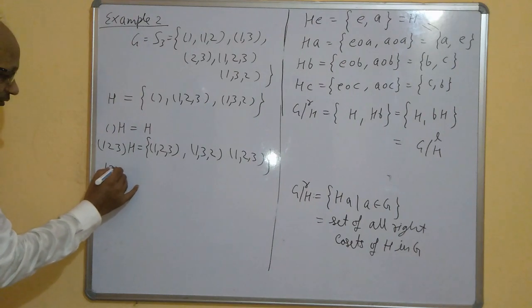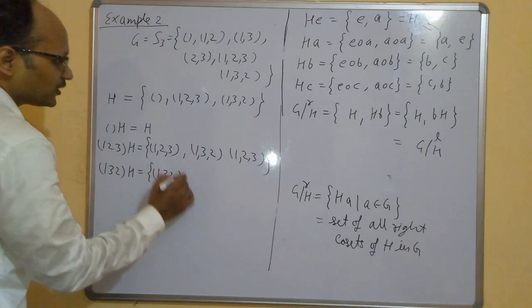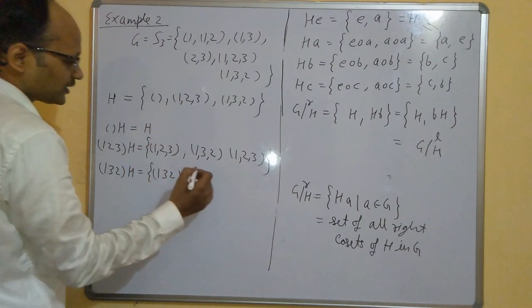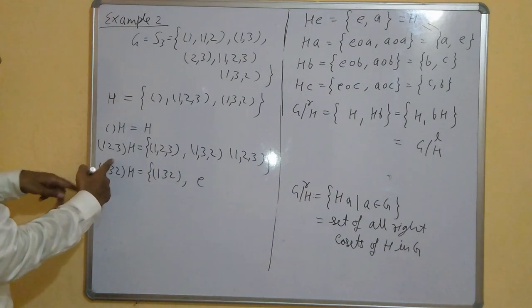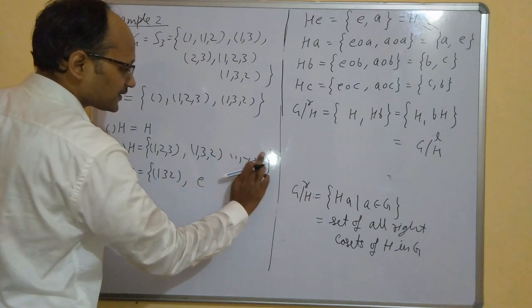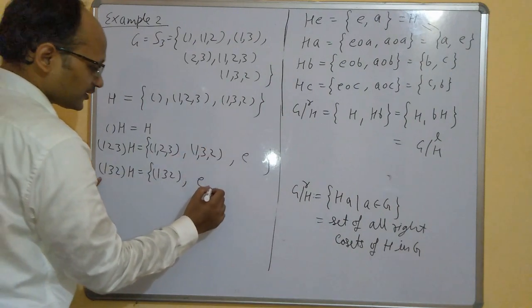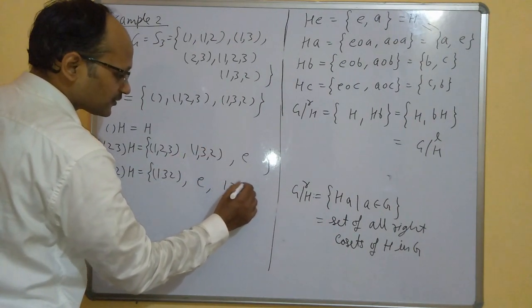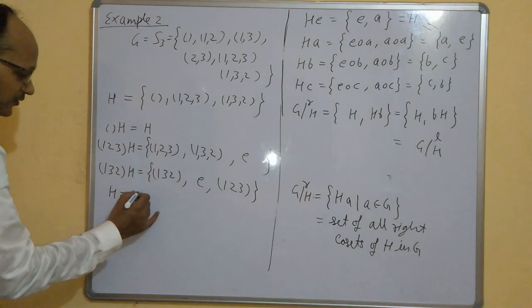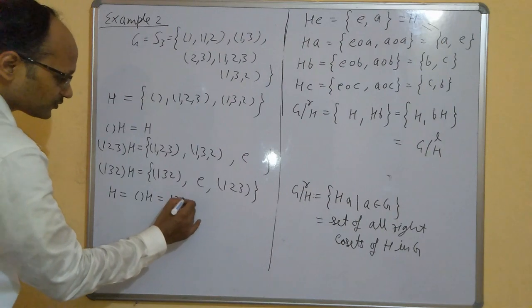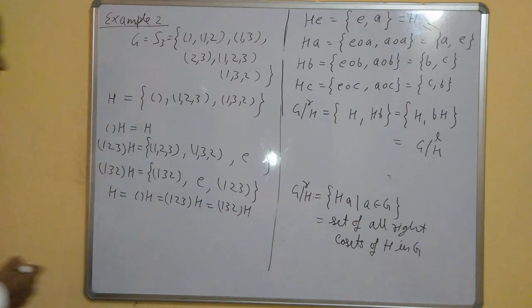And when you do (1 3 2) into H, you will again get (1 3 2). (1 3 2) into (1 2 3) is identity. And (1 3 2) into (1 3 2) is (1 2 3). So in fact these three things are the same. So H is equal to identity into H is equal to (1 2 3) into H is equal to (1 3 2) into H. So we get the same thing.